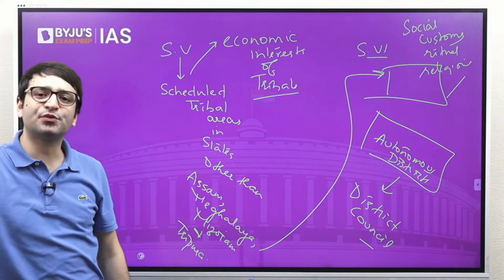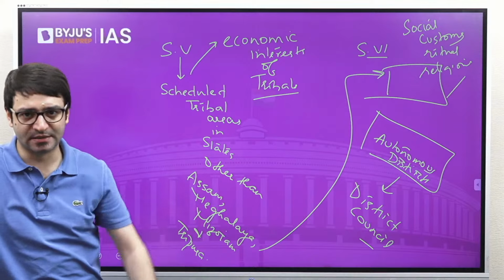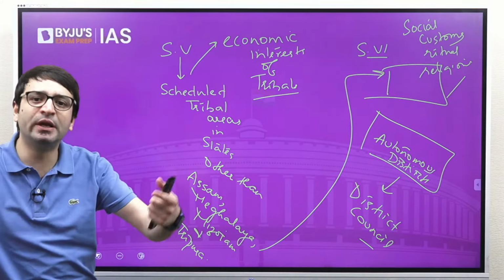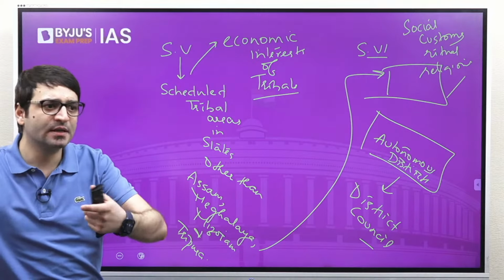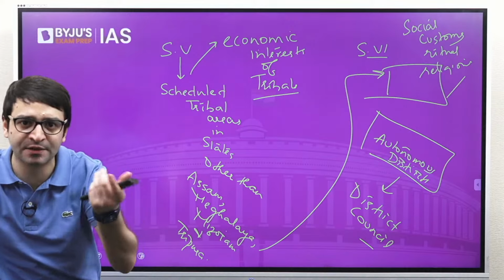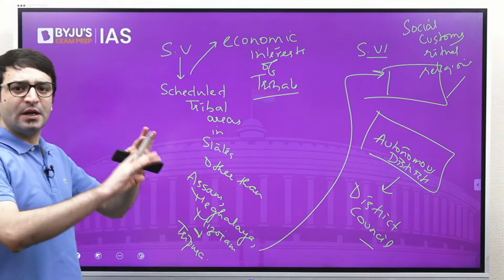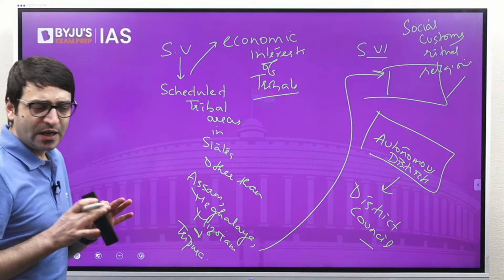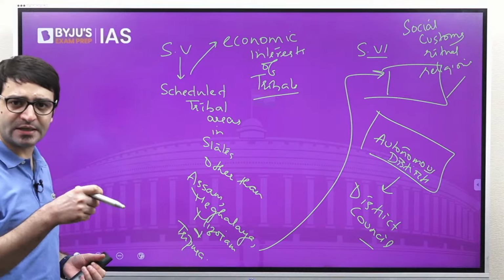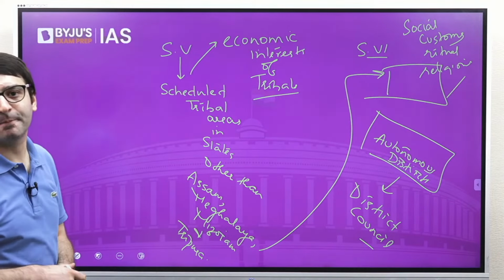And this district council will have the power to impose taxes, will have the power to make laws as well, will have the power to regulate school practices, marriage, divorce, adoption, other areas, other functionalities. Because the purpose of Schedule 6 is to create autonomous districts in these 4 states so as to protect their economic interests, their customs, their rituals as well.